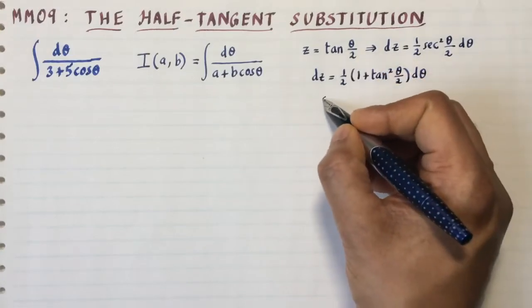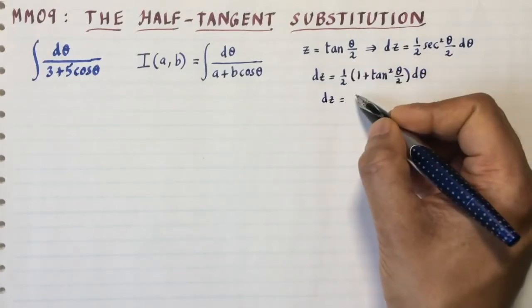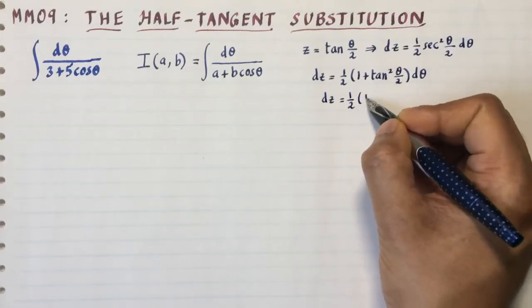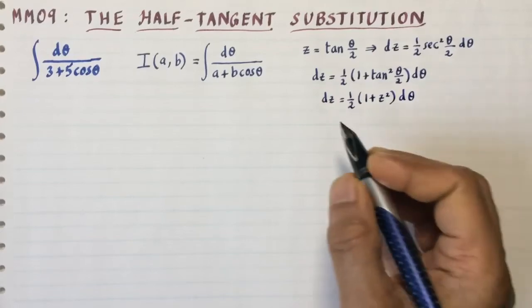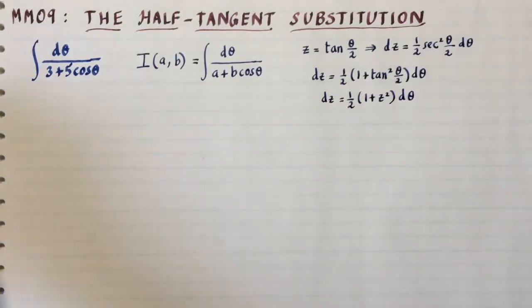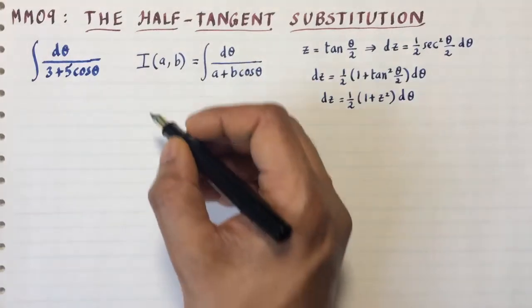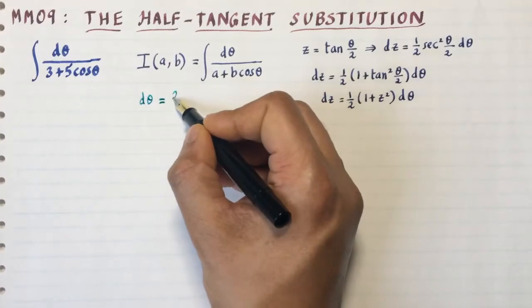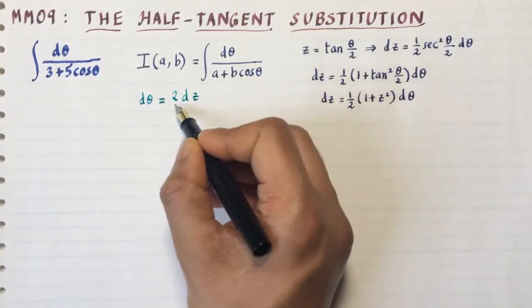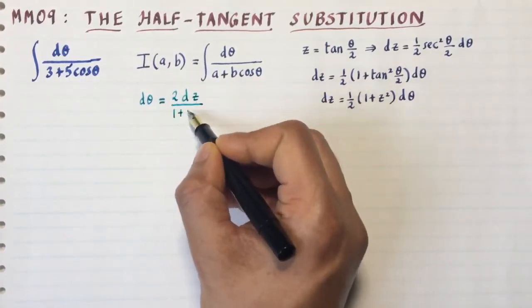So this gives me dz equals 1/2 times 1 plus z squared, d theta. Once I have that, I can write down what d theta is because my aim is to get rid of theta. So d theta will be equal to 2 times dz divided by 1 plus z squared.